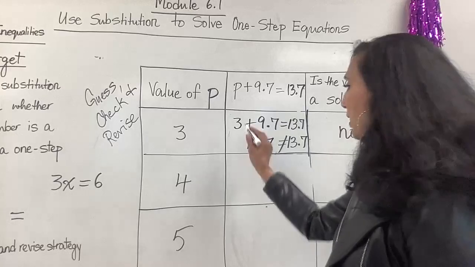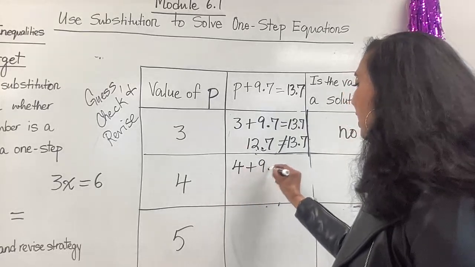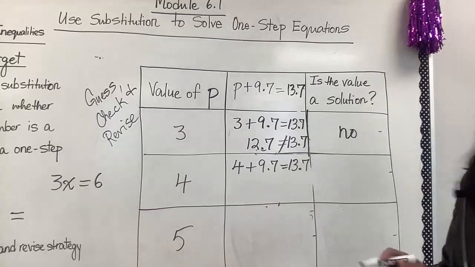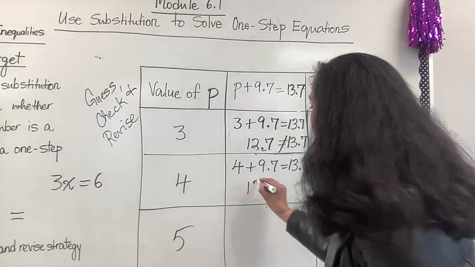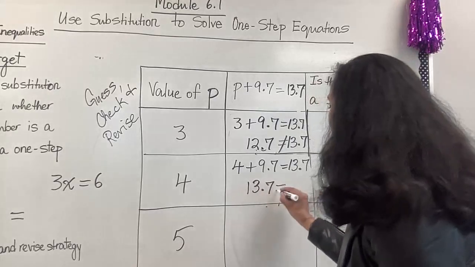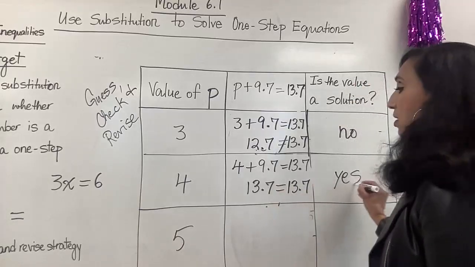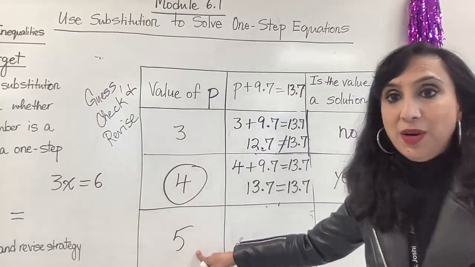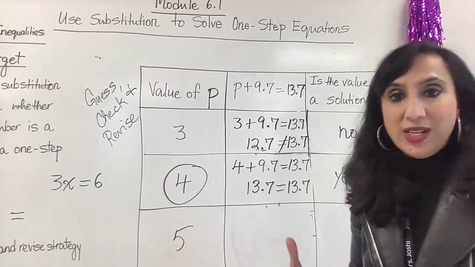Now, if I take, instead of p, 4 plus 9 and 7/10, it should equal 13 and 7/10. So then we look at this, yes, 9 plus 4 is 13 and 7/10, which is equal to 13 and 7/10. So this is definitely a solution. So if this is a solution, the others are not going to be solutions, because it's an equation, not an inequality. It'll just have one solution.